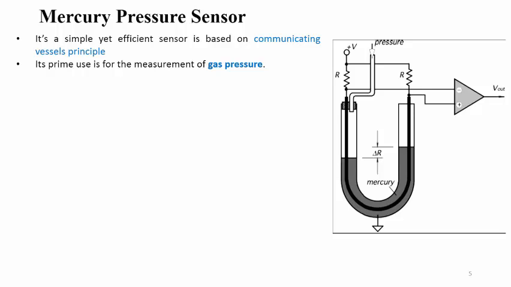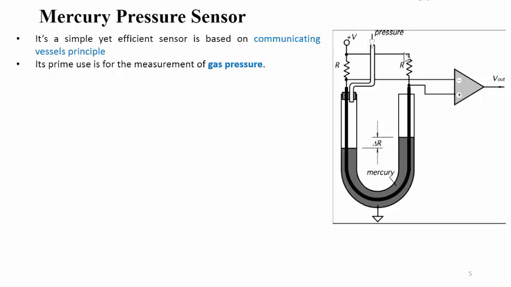In this figure we can see a glass tube, and in the tube you will find the mercury, and also a resistive element immersed in the mercury. Depending on the pressure applied at one end of the tube, the mercury will move upward or downward, and the two terminals of this resistive element in the tube are connected to a differential amplifier, an op-amp based differential amplifier.